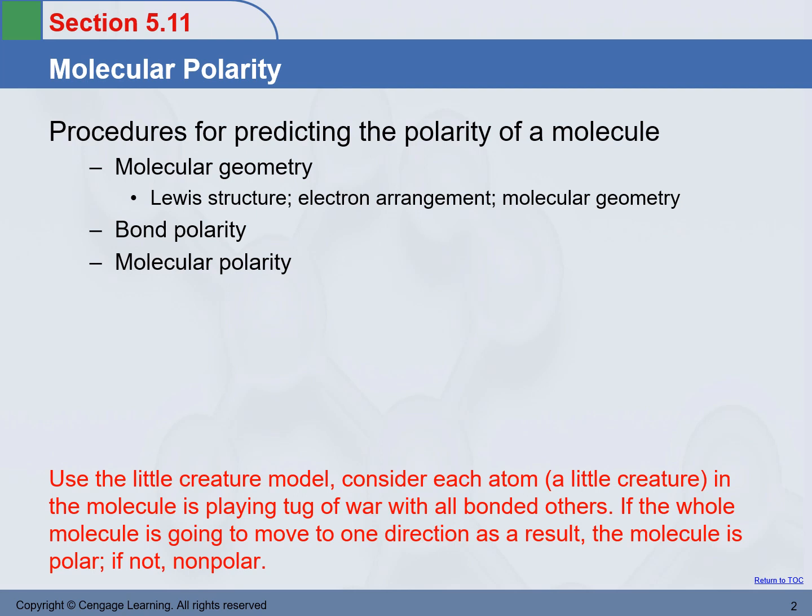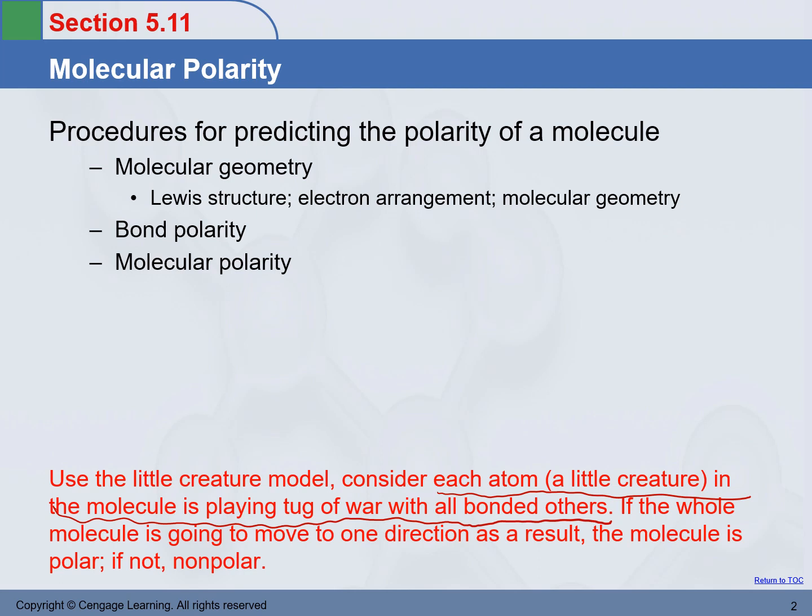Consider each atom in the molecule is playing tug of war with all the other atoms that are bonded to it, all the atoms standing there pulling hands with each other. As a result, if the whole molecule is going to move in one direction, then it is a polar molecule. If all the pulling forces cancel each other, that's a nonpolar molecule. The molecule is not going to move.